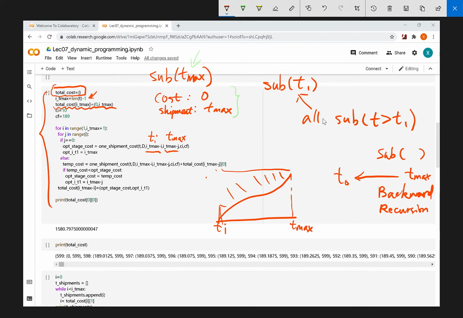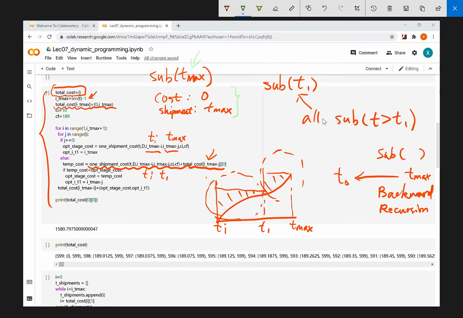When t1 is in the middle, the subproblem of ti can be decomposed into a one-step problem and a subproblem. In this case, we can calculate the cost based on a summation. The one-step cost, this is actually ti until t1, and then this is the total cost from t1.